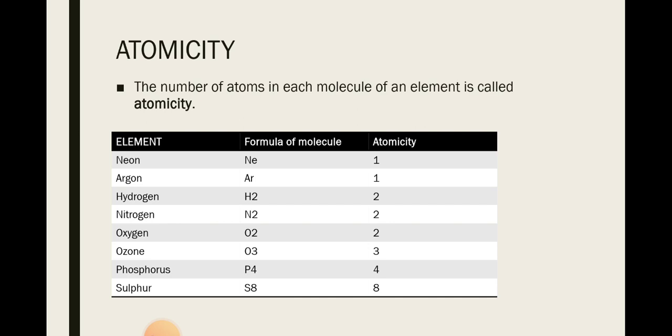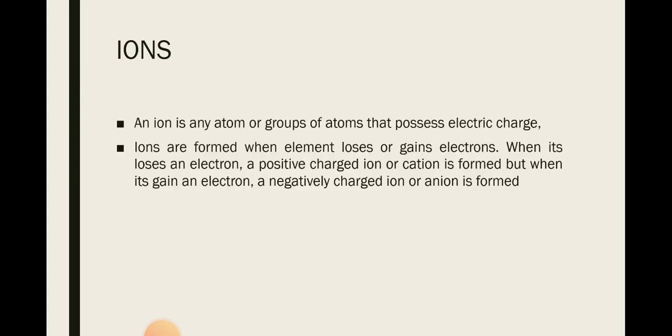Phosphorus is tetraatomic, and sulfur is octatomic. Anytime the atomicity is more than 2, we can just call it polyatomic. These things will help us to understand molecules very well, so please don't forget this table.